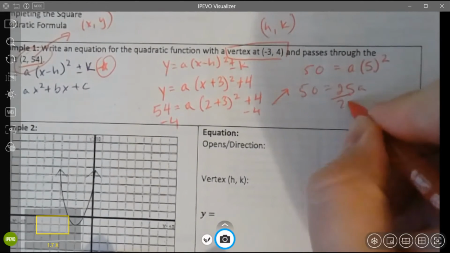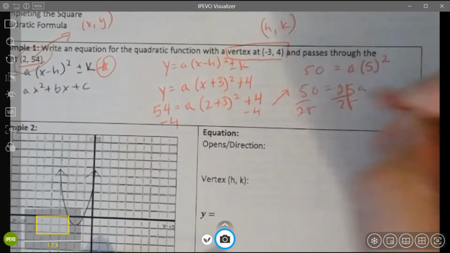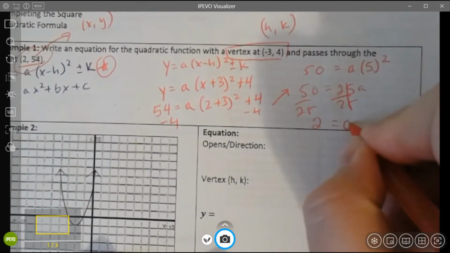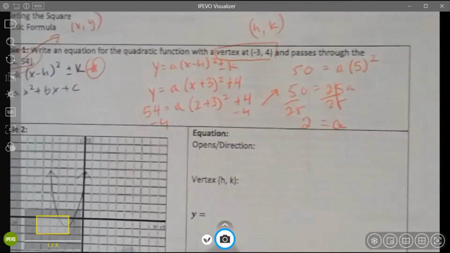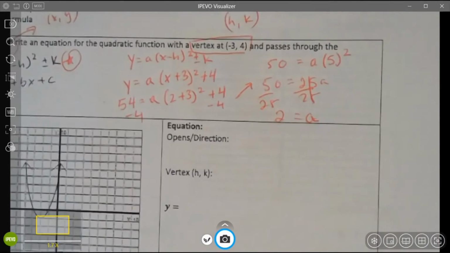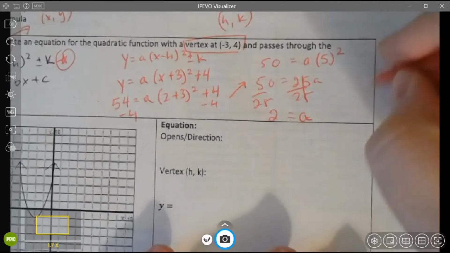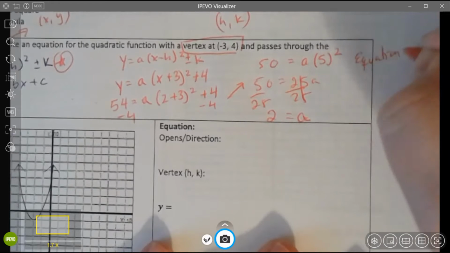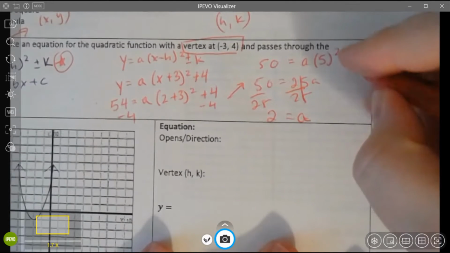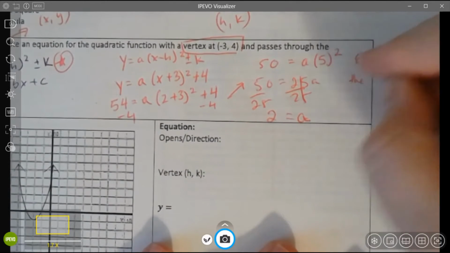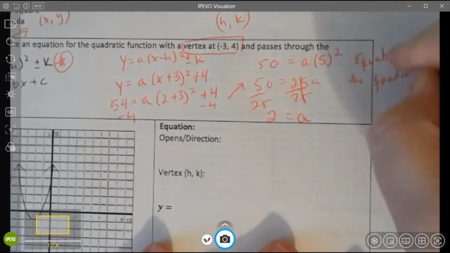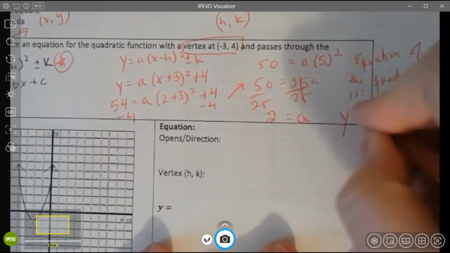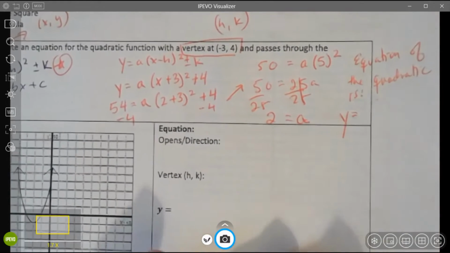Divide both sides by 25. So that means a equals 2. Okay, so now we know what the a value is. So we can go ahead and plug that in. So this means my equation then, the equation of the quadratic, is y equals, we just found the a.